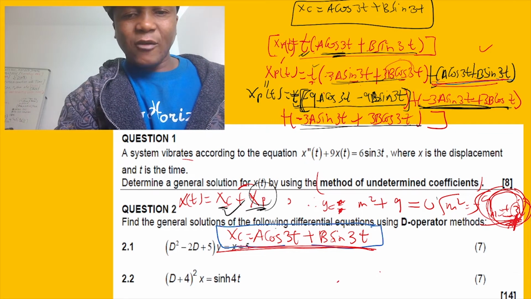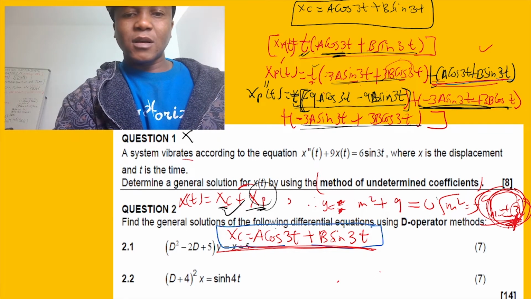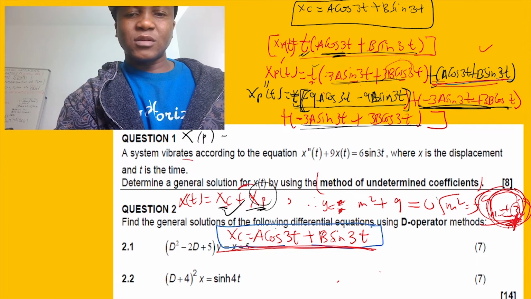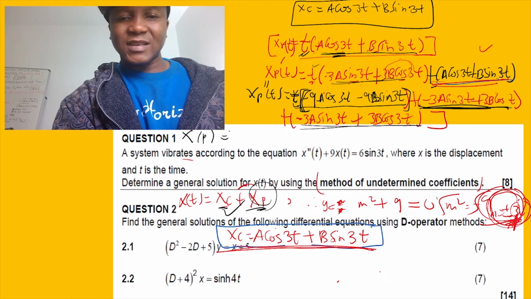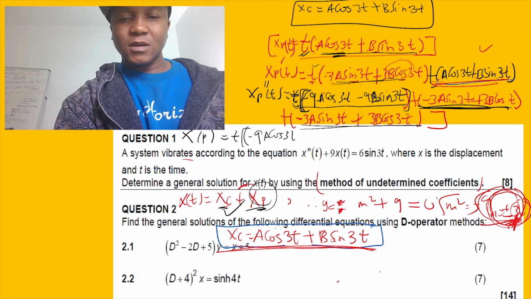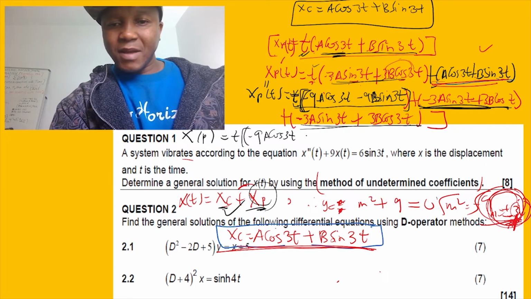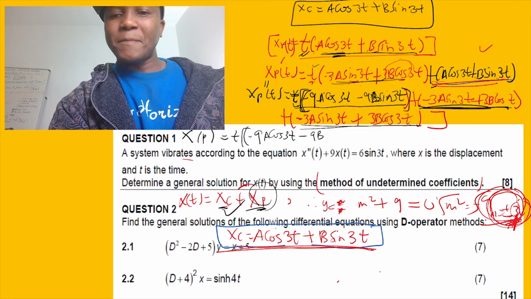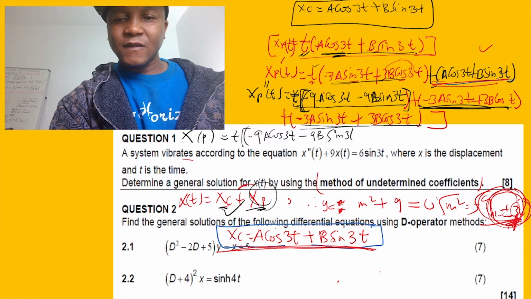So then I'm going to have x particular solution, second derivative, equal to, exactly, negative 9a cos 3t minus 9b sine 3t.